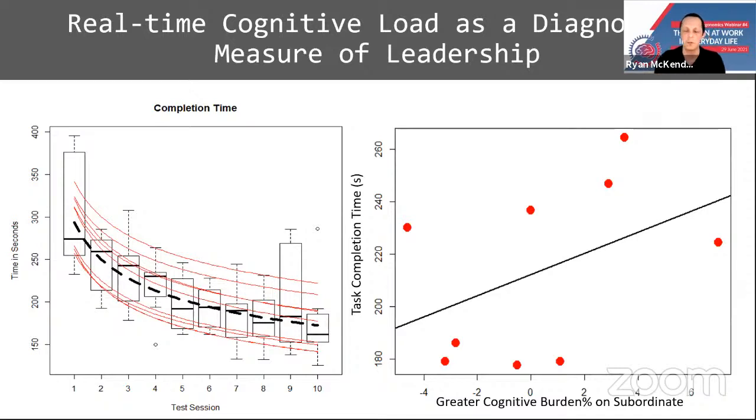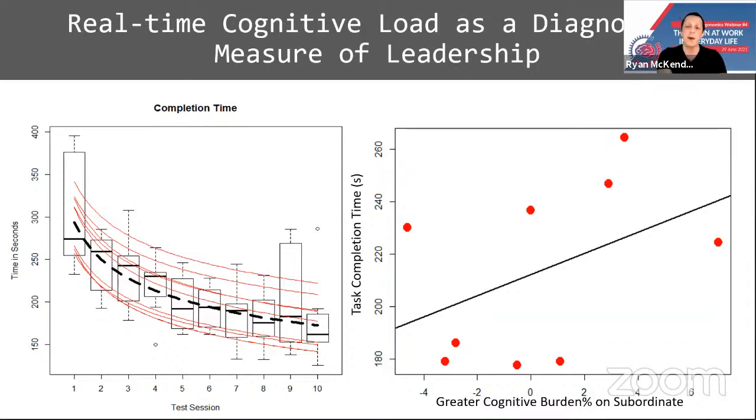And then what was really interesting was when we plotted their cognitive workload relative to the team's best time. Like I said, we're still looking at this, so these are not statistically significant results, but I think they're incredibly fascinating. So we looked at the cognitive workload, or the percentage of time that someone was in an overloaded state, for each individual, both the subordinate and the supervisor.